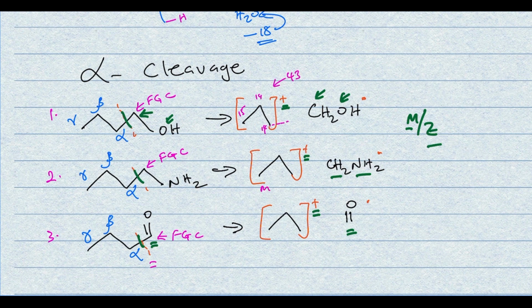The M over Z value of this fragment will be 43. Now remember, if this is the structure, you will see a peak for 15, a peak for 15 plus 14, so 29, and 43. That shows that you have a CH3 connected to a CH2 connected to a CH2.